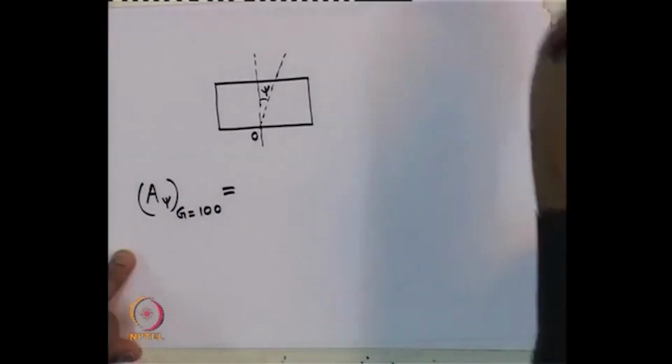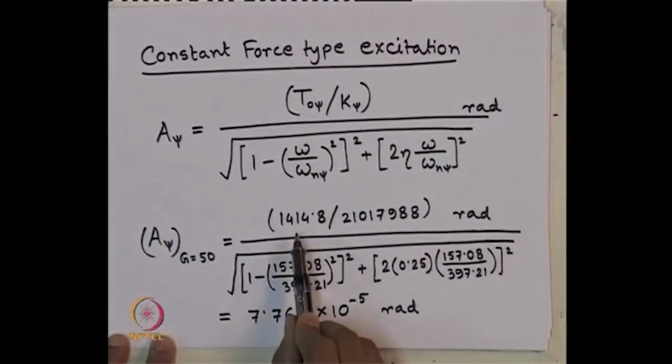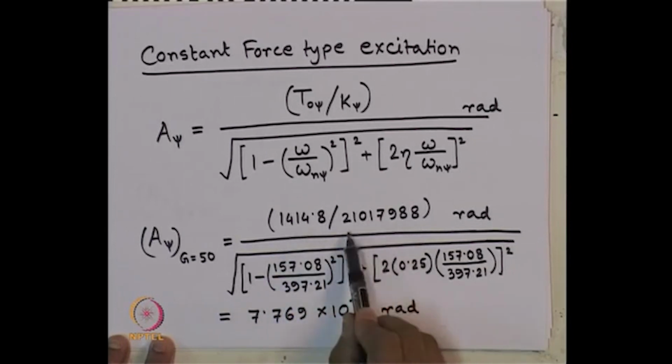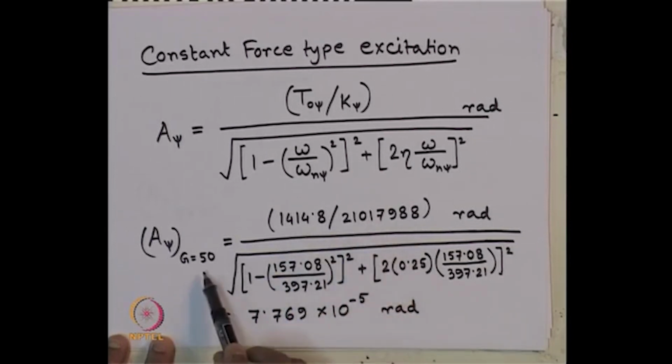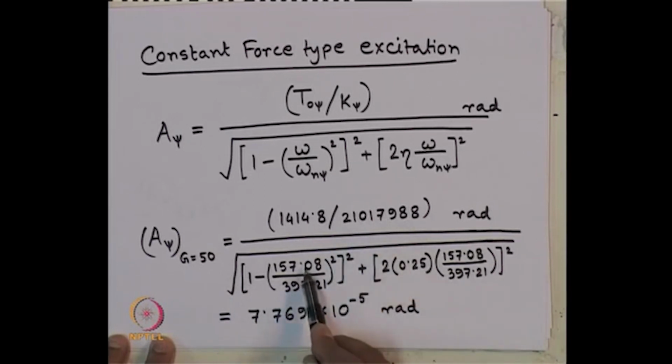Similarly, in the previous expression, what are the changes that will occur? Let us see. This T naught psi remains same, K psi changes as the soil changes to 100, this will become double. Omega remains same, whereas omega n psi changes to 545.91.